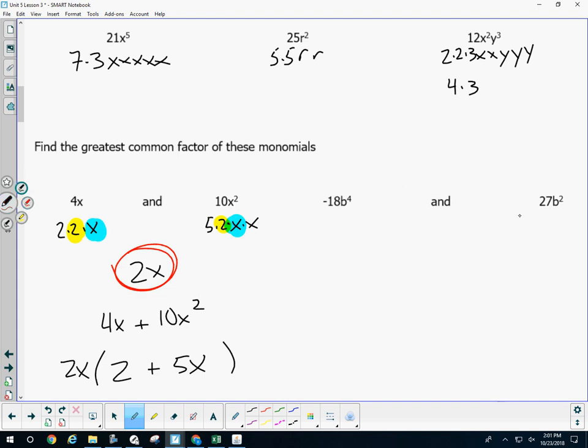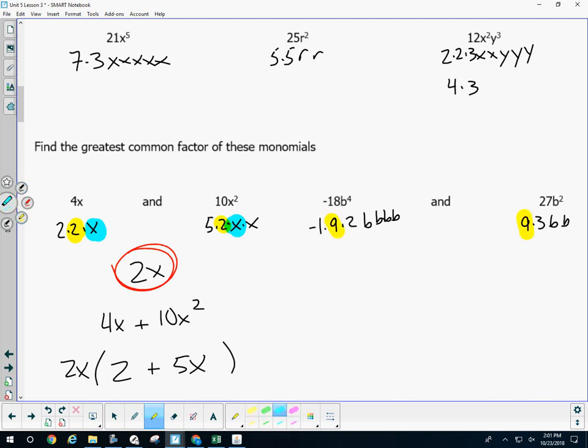18 and 27. We could just look at it and figure out that 9 is the biggest number that divides into both, and that we both share 2 b's. If we can't figure that out, we can break this down into a 9 and a 2, b. This can be written as a 9 and a 3, b. I don't want to break it down even more because I can see that 9 is the biggest number that they share.